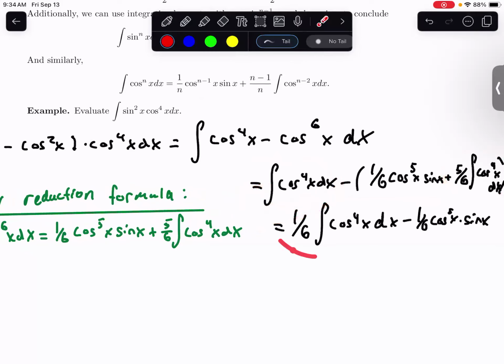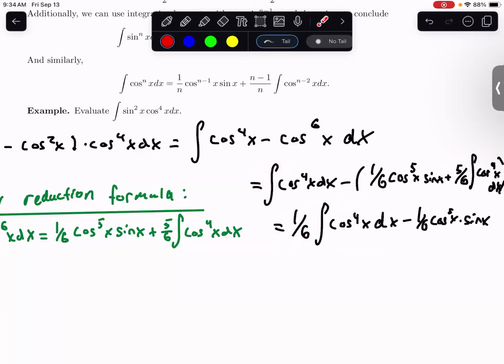So that leaves us with a 1 over 6 integral here. Like all we're doing is combining like terms. If you treat this like a variable u, we're really saying this is like u minus 5 over 6 times u. Any other questions before I continue?